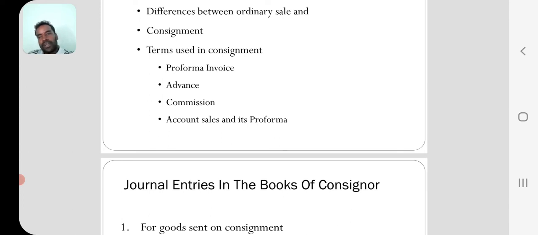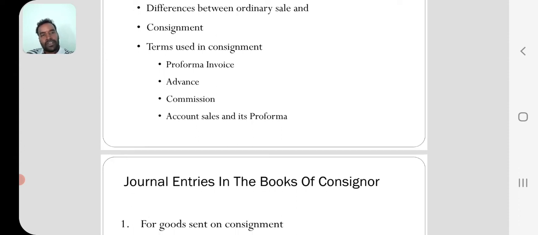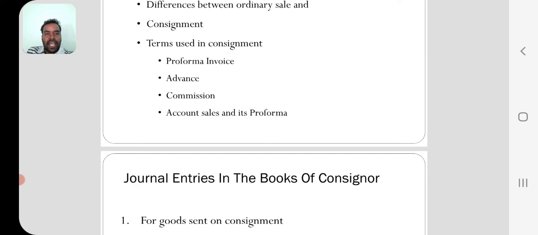For that, he prepares a statement. It is called a pro forma invoice. It contains all the information: what are the goods to be transferred, how many, what is the quality, marking, packing, pricing, total. All details should be mentioned in that statement, which is prepared by the consignor. It is called a pro forma invoice.